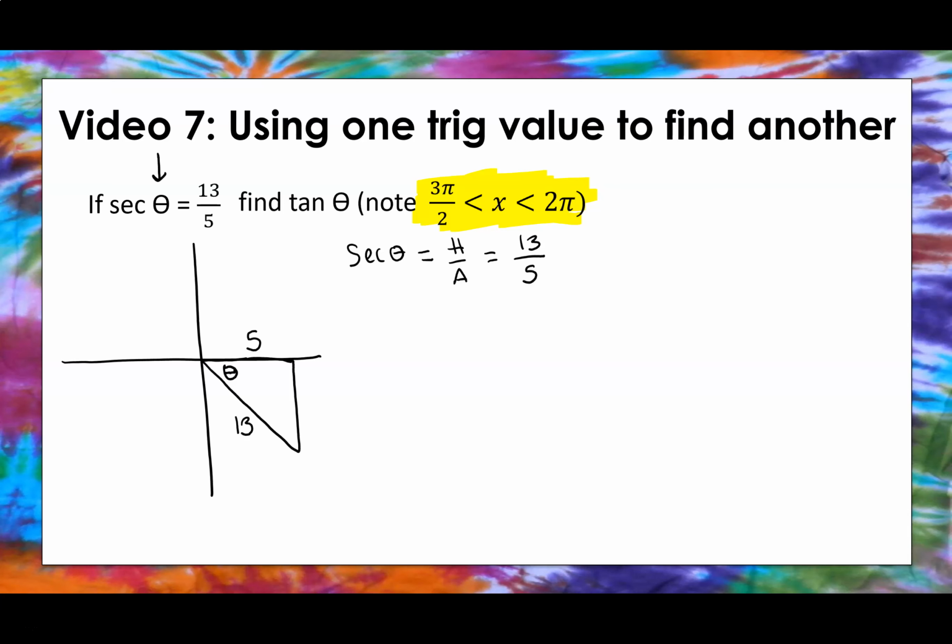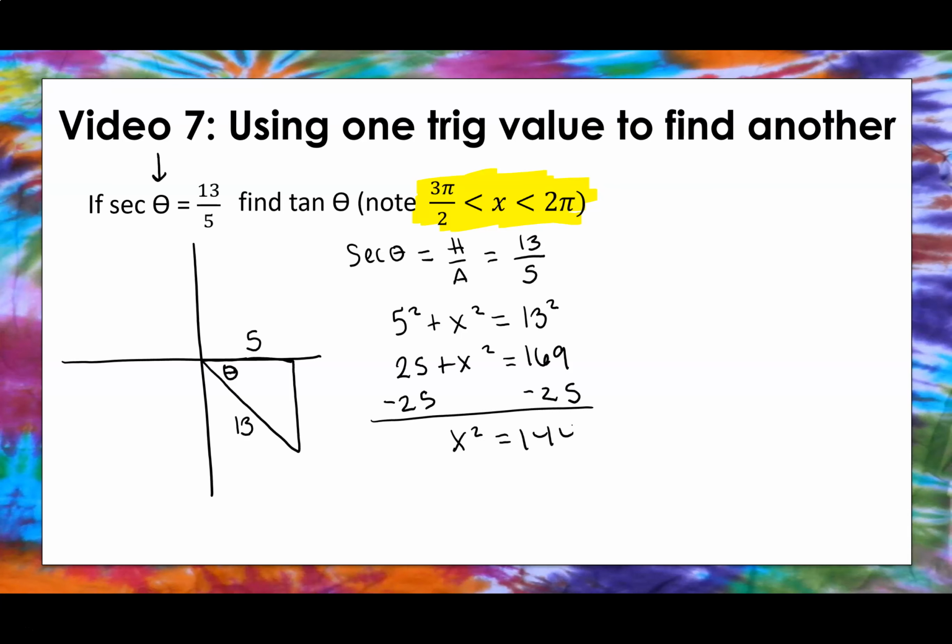And so if I do my Pythagorean theorem, I've got 5 squared plus x squared, because I'm looking for a leg this time and not a hypotenuse, equals 13 squared. That gives me 25 plus x squared equals 169. Subtract 25 from both sides. You're going to find that we get x squared equals 144.